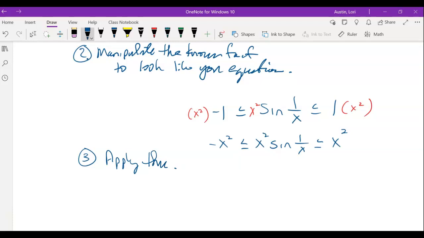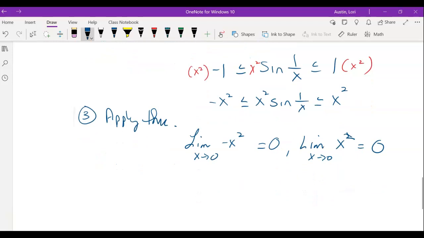First, I'm going to do the negative x squared. What is the limit as x approaches 0 of negative x squared equal to? Oh, we can just plug that in. What does that equal to, everybody? 0. Cool. You got to do the other side. What does the limit as x approaches 0 of just x squared equal? Everybody? 0.